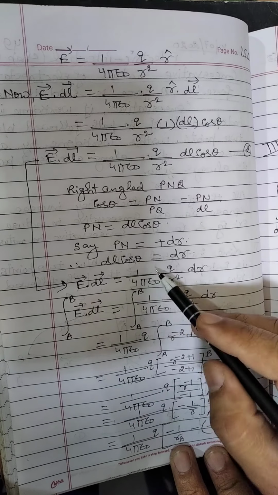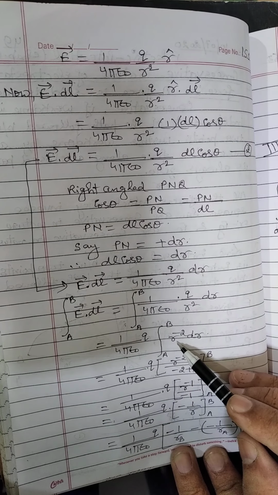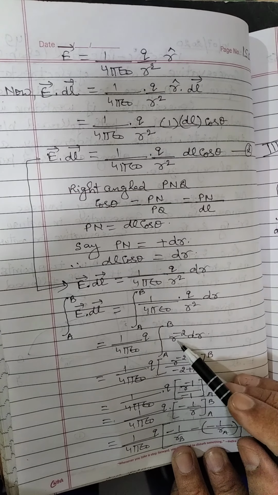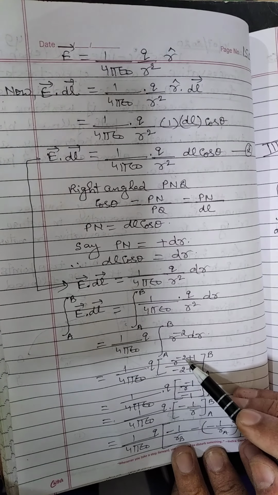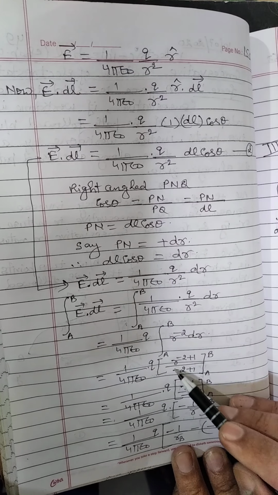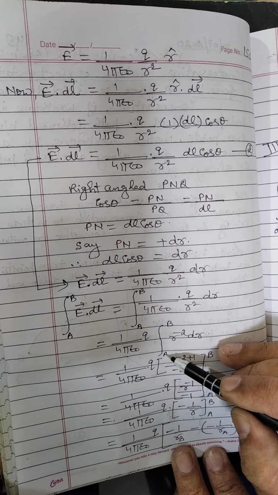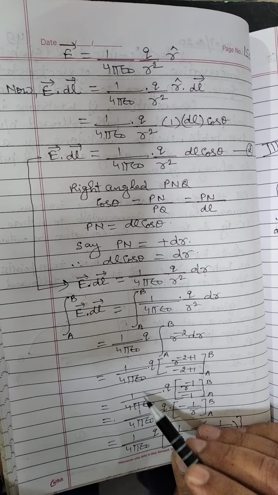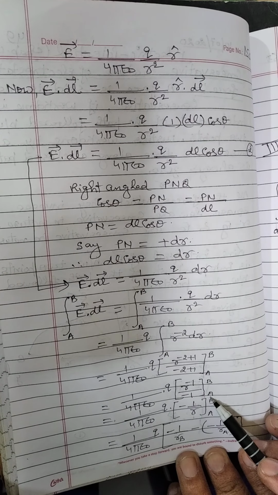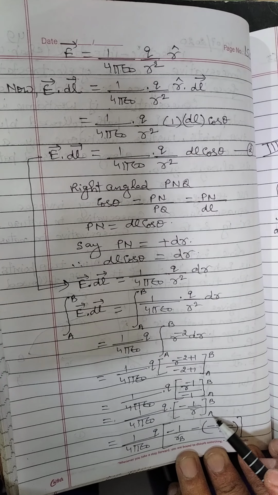So E dot dl is equal to 1/4πε0 into q upon r square into dr. Now we will integrate this. r to the power -2 dr, r to the power x+1 upon x+1. So it is r to the power -2+1 upon -2+1. And according to the definite integral, limits are a to b. So 1/4πε0 into q, r to the power -1, and this will be -1. It is a to b, and this minus is here and it will be treated as 1 upon r, a to b.